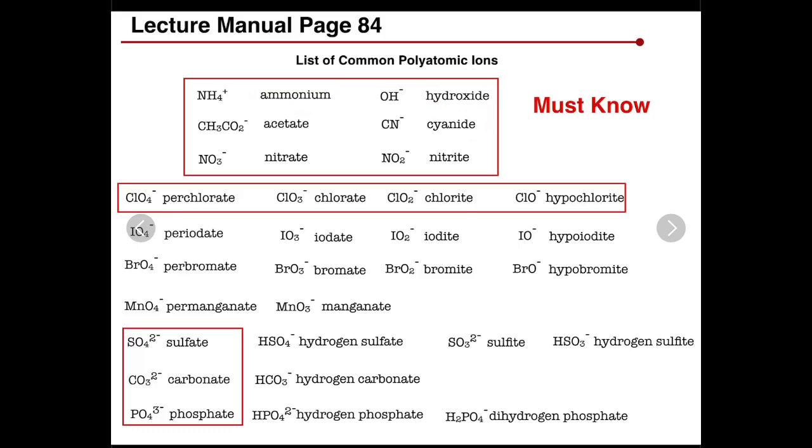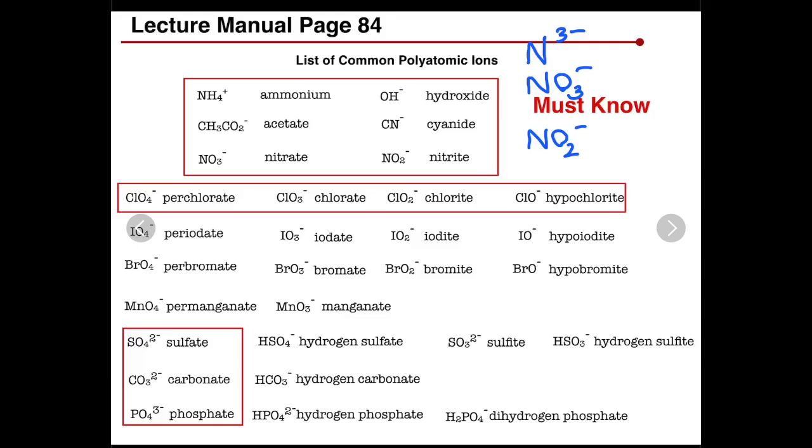All right, so the next thing I want to mention here is really important because many students get confused. For example, how do I differentiate between N 3 minus, versus NO3 1 minus, versus NO2 minus? You can tell by the number of elements, and also you can tell by the name as well.